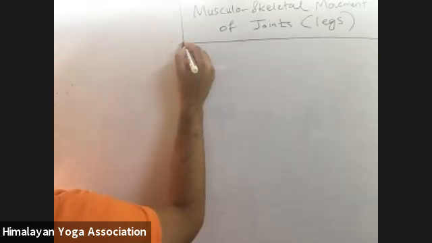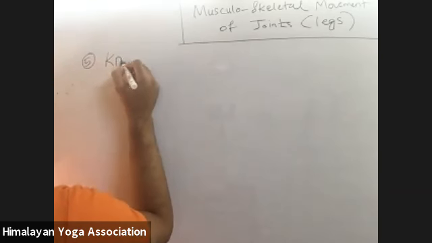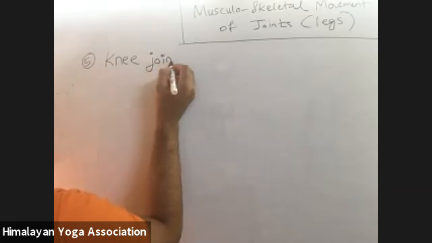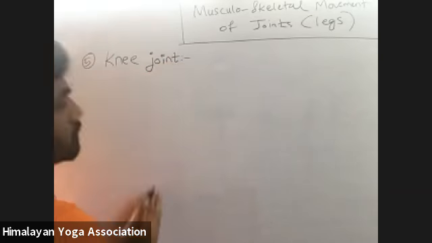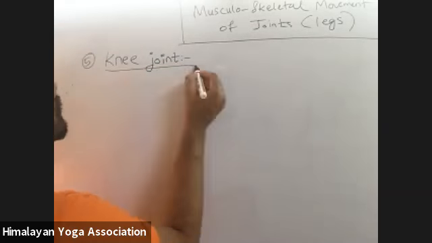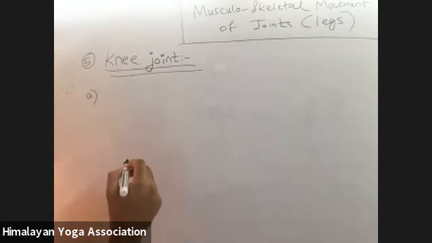Now we have the next, number 5. This is the knee joint. So what is the first action of the knee joint?